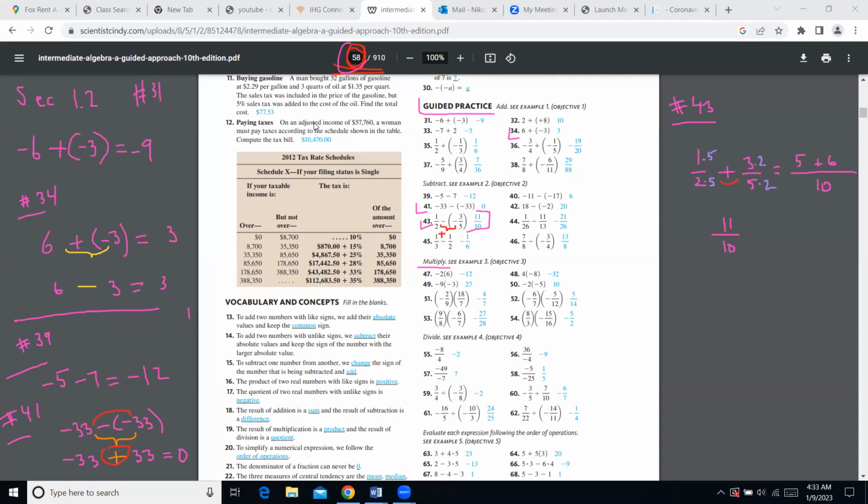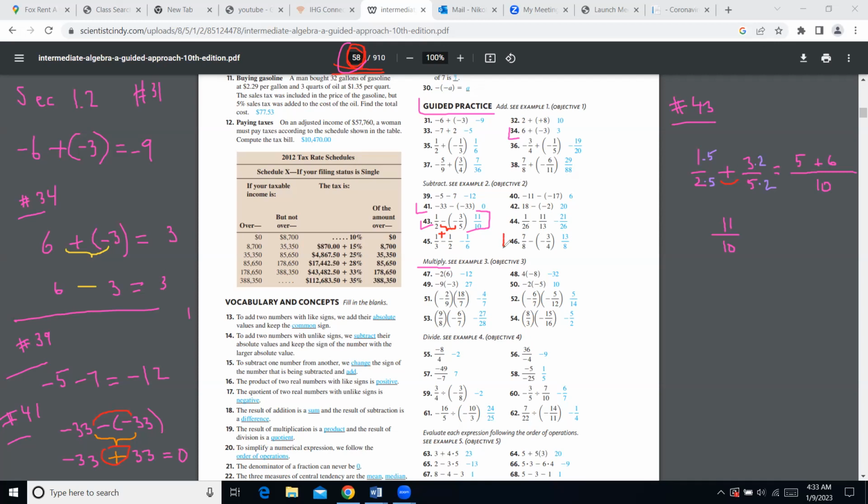Again, it's just the beginning of class, and we're just doing a review of what you have learned before. So if you didn't learn it or it was a while ago and you forgot, you have a chance to refresh your memories and maybe practice some of these exercises where we find the same denominators.